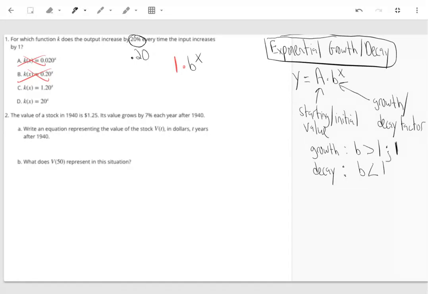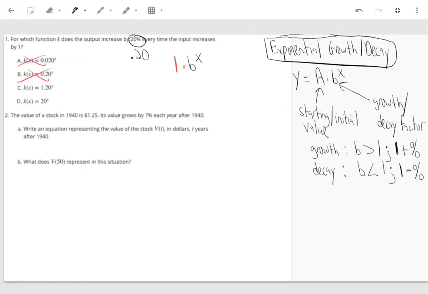My growth factor is going to be 1 plus that percentage. If we're decreasing by a certain percentage each time, then my decay factor is going to be 1 minus that percentage.